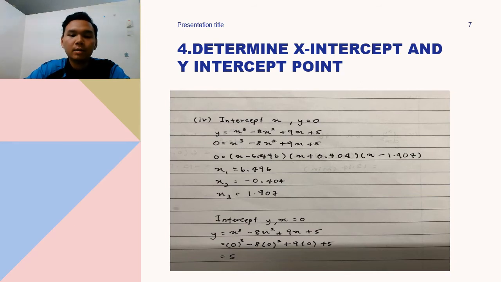So we factorize it, and after that we get bracket x minus 6.496 close bracket, another bracket x plus 0.404 close bracket, and then another bracket x minus 1.907 close bracket. So x1 is 6.496, x2 is negative 0.404, and then x3 is 1.907.